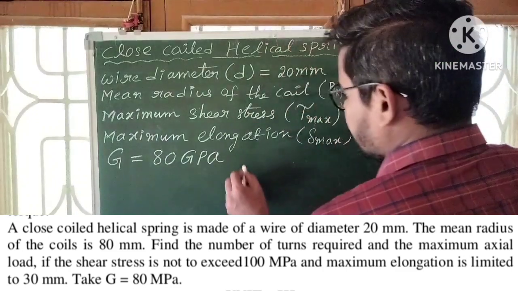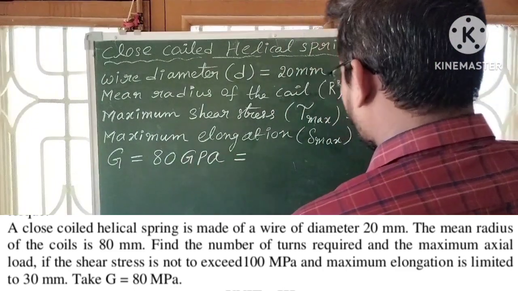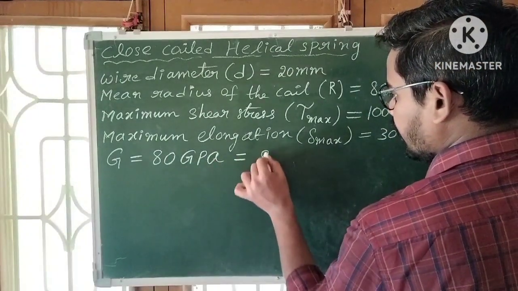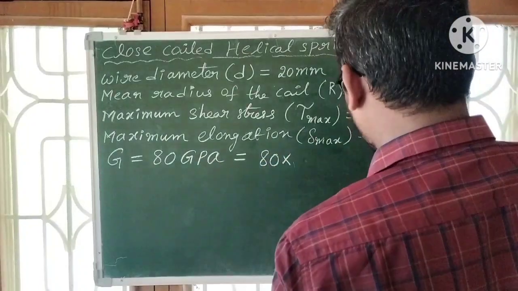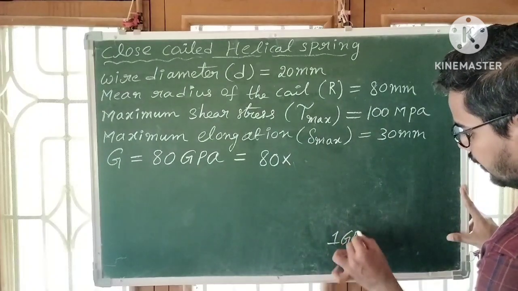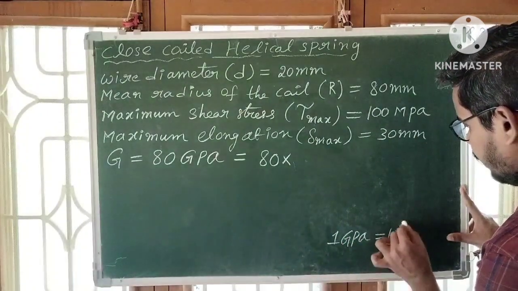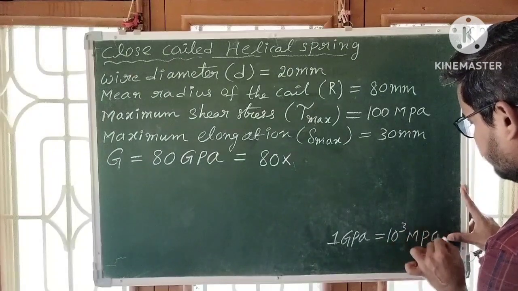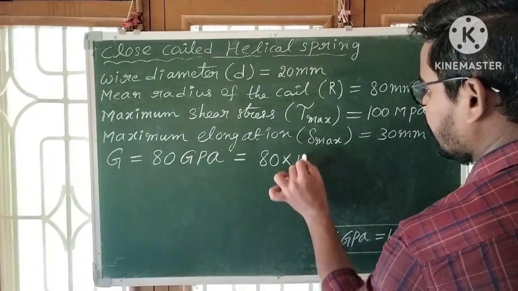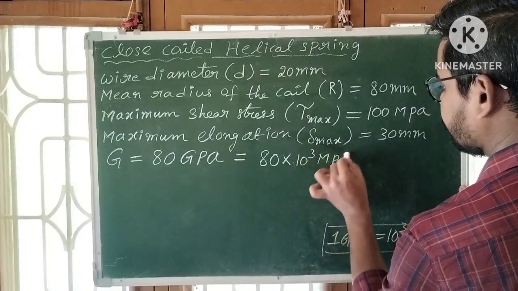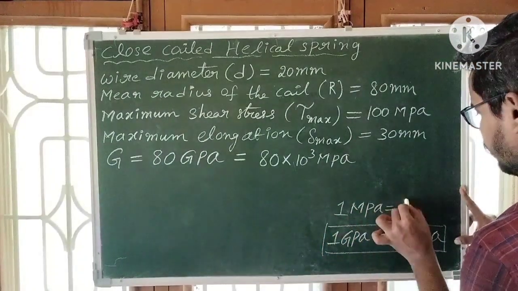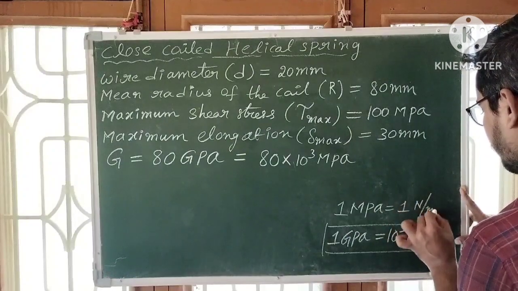So let us convert GPa into Newton per mm square. 80 GPa can be written as 80 into 10 cube MPa, since 1 GPa is equal to 10 cube megapascals. Again 1 MPa is equal to 1 Newton per mm square.